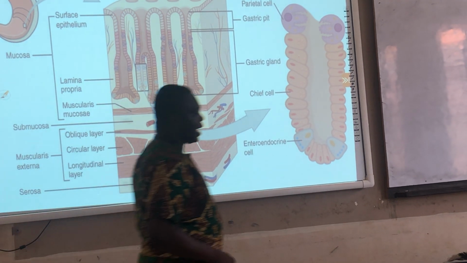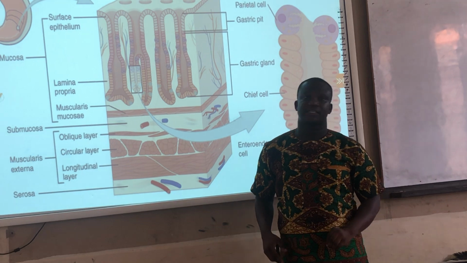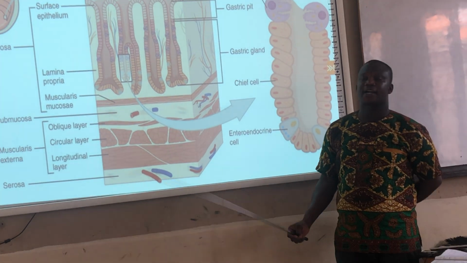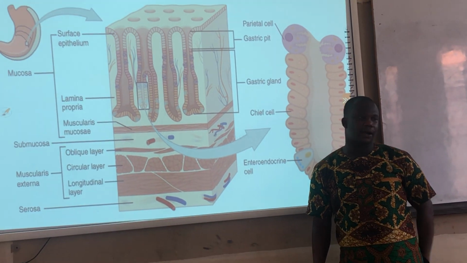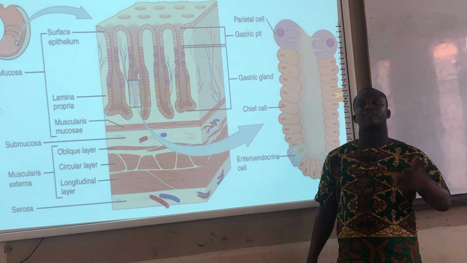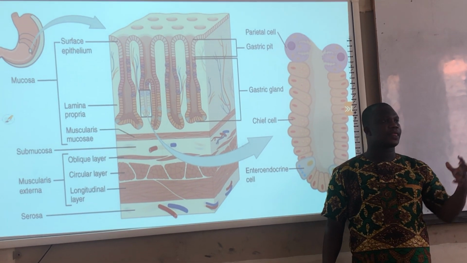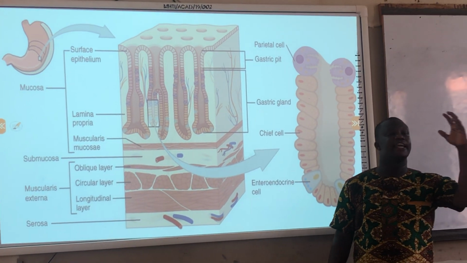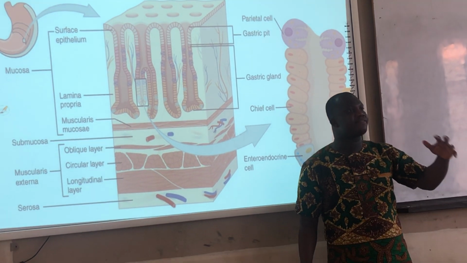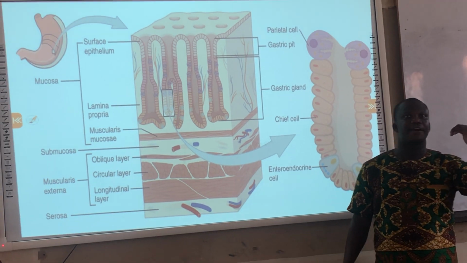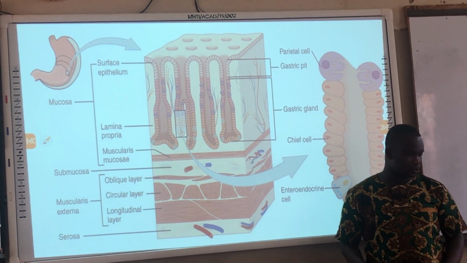Now, how is the gastric secretion in the stomach controlled? So our next topic is control of gastric secretion. And control of gastric secretion is divided into two phases. We have the neural control and hormonal control.